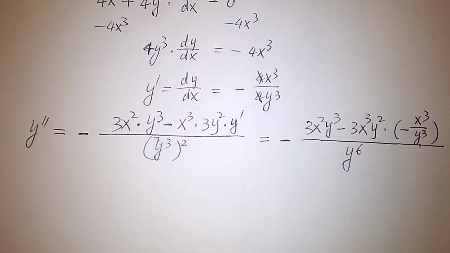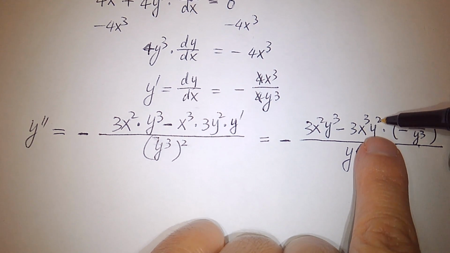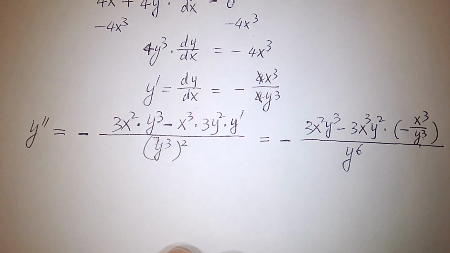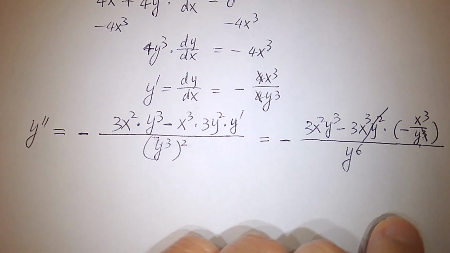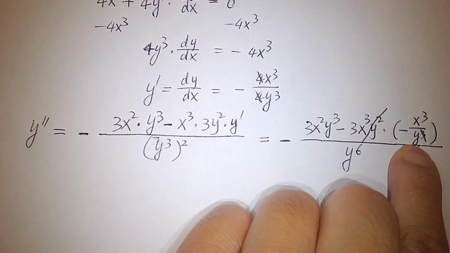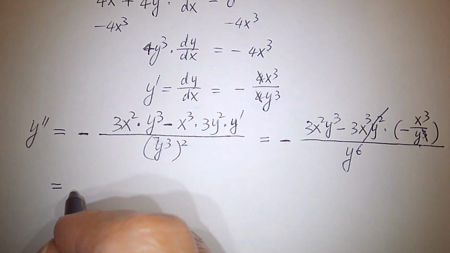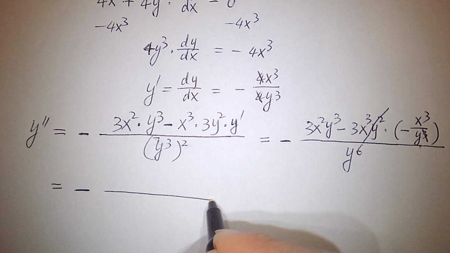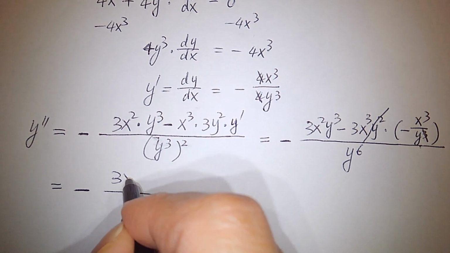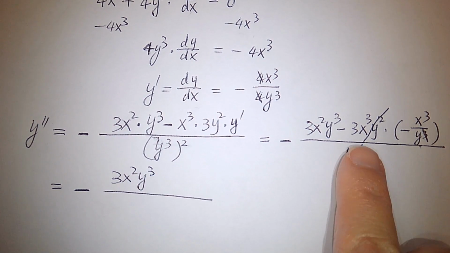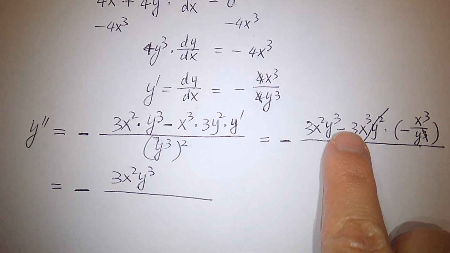Okay, simplify. There's a y squared, there's a y to the cube. Squared cancels out. There is a y left. Okay, so let's rewrite it as negative still in front. 3x squared y to the cube. This becomes what?